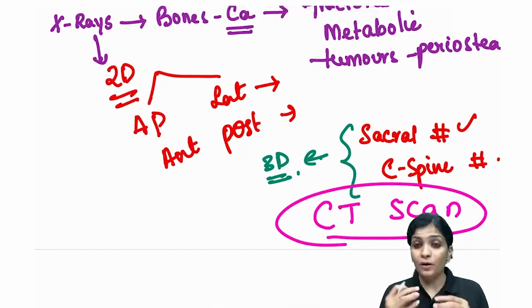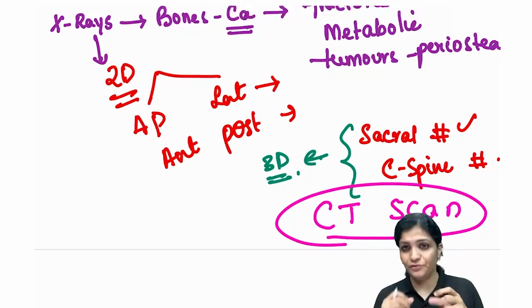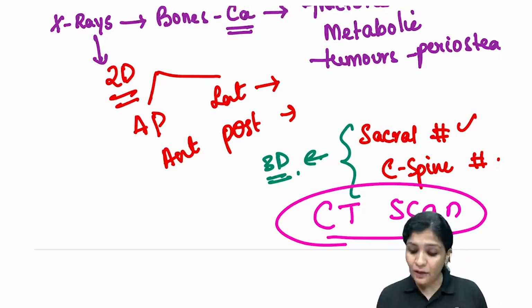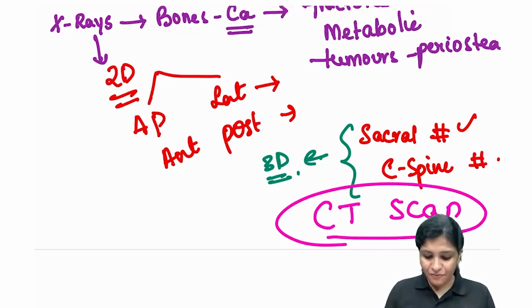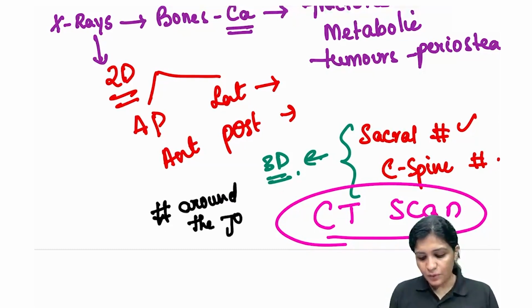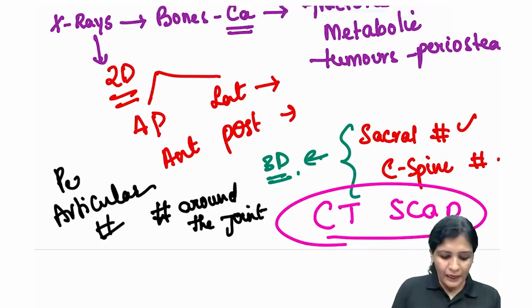Whenever one more dimension is added, that is the 3D dimension, you can see the length, the breadth, and the height of the bone, and you can comment on the fracture very clearly. Especially it is required in case of your articular fractures, that is, fractures around the joints, which are called articular or peri-articular fractures.